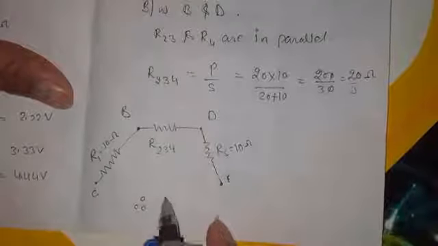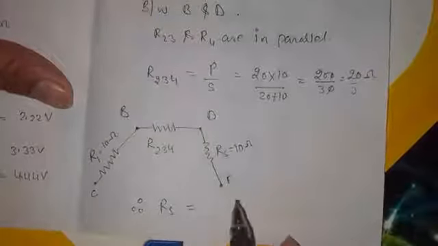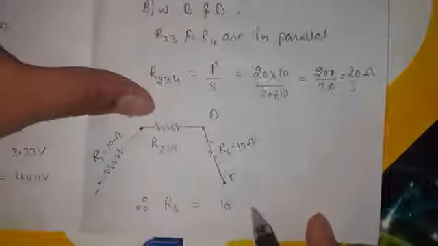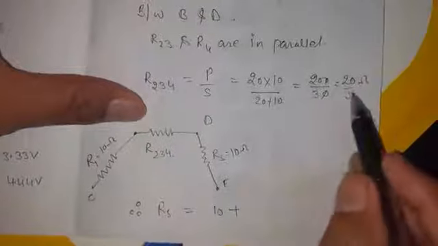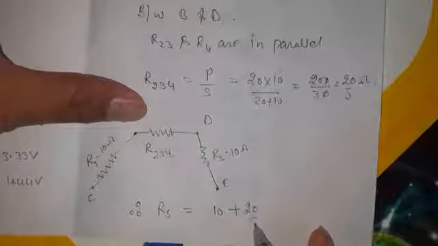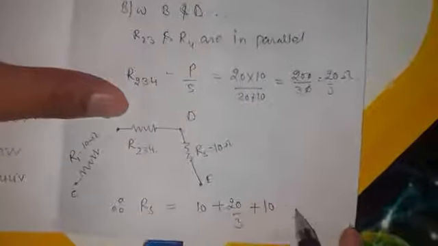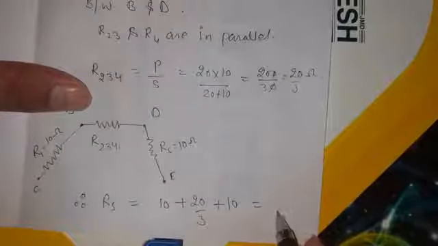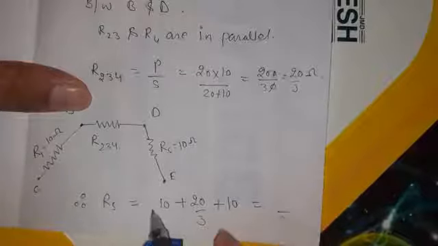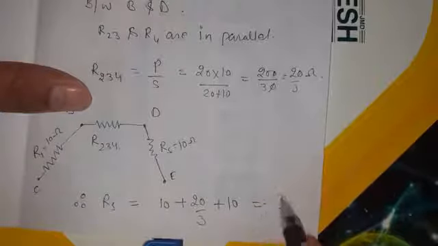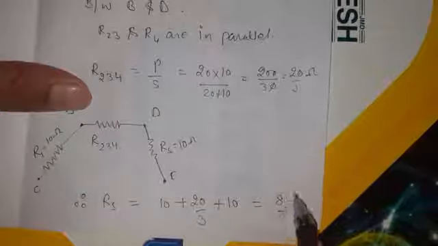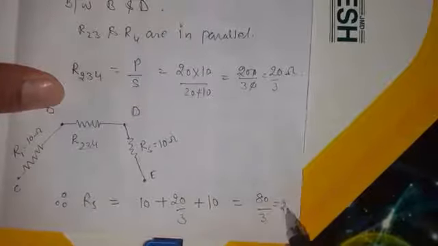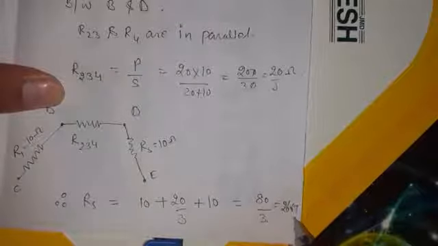Therefore, for that series combination I now finally get 10 plus the value of this one, which we already calculated, 20 by 3 plus 10. Okay, so the LCM will be 3, and it is 30, 30, 60, 80, 80 by 3, and from there we get the final answer, 26.67 ohm.